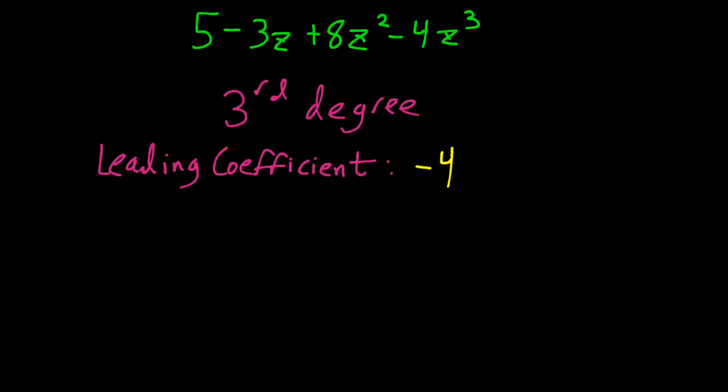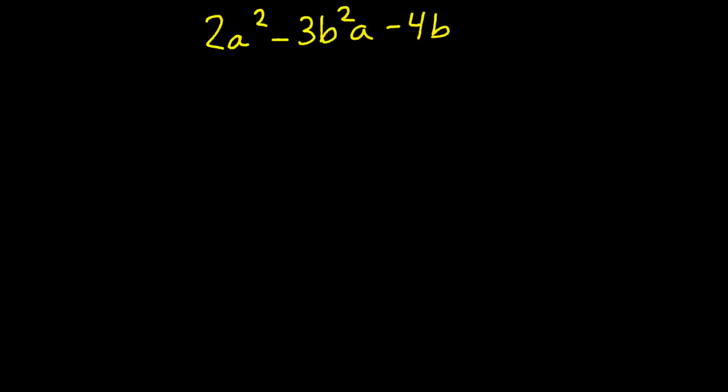Now, let's look at this next problem and see if we can figure out, one, if it's a polynomial, and if it is, what is the degree? Here I have 2a squared minus 3b squared minus 4b. The question is, is this a polynomial?